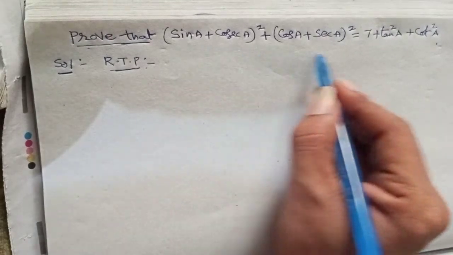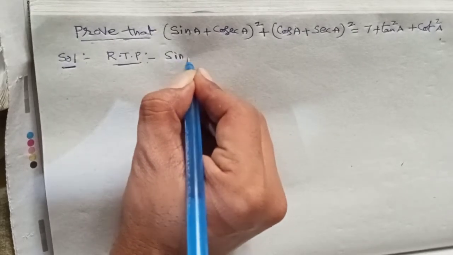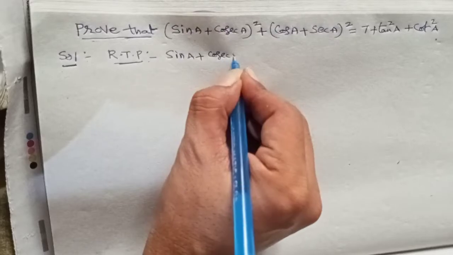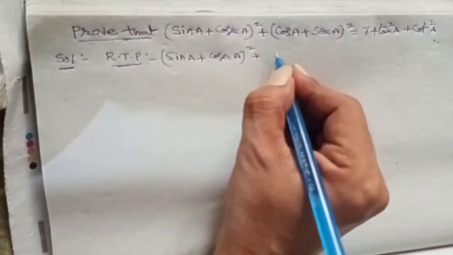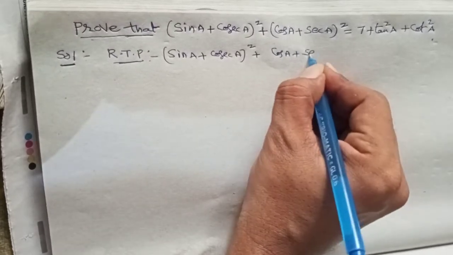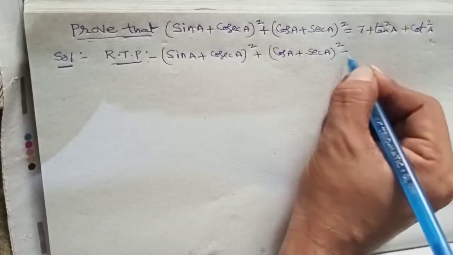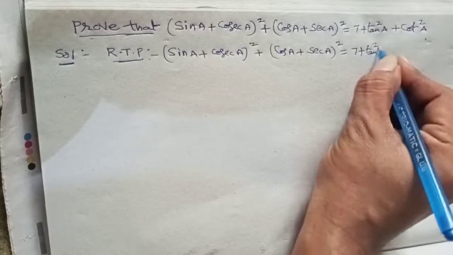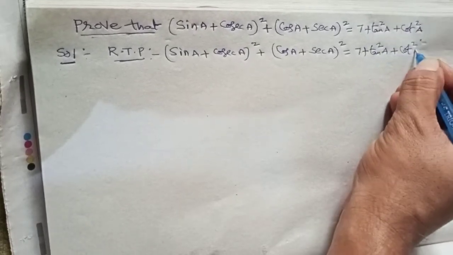It is (sin A + cosec A)² + (cos A + sec A)² = 7 + tan² A + cot² A.